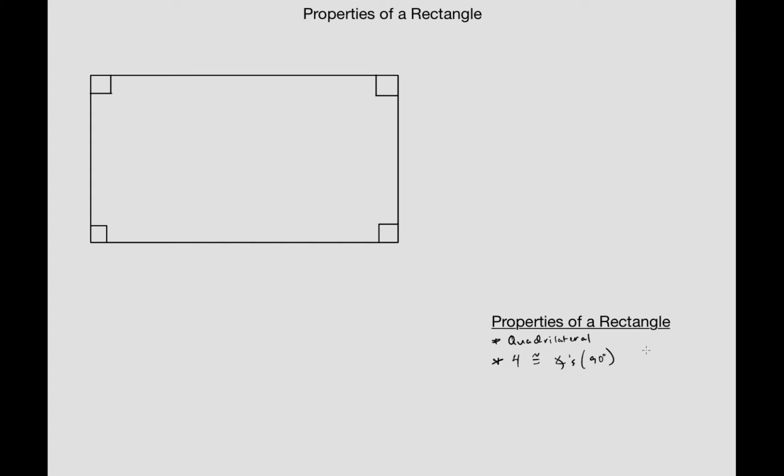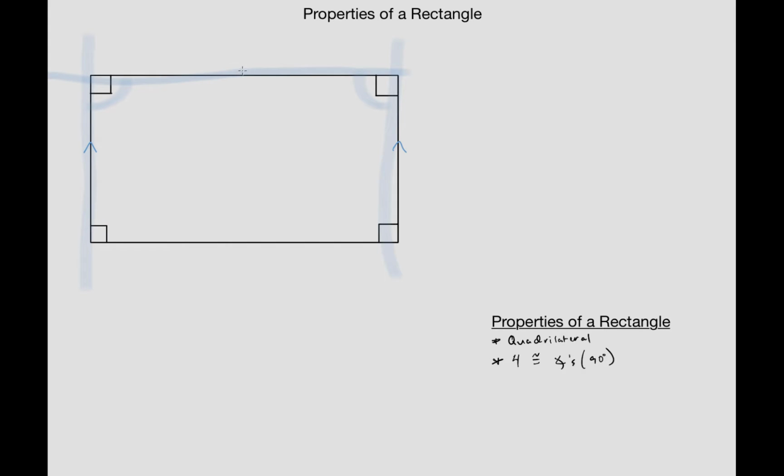First and foremost, that makes it really easy for us to identify that if I consider this side and call this the transversal, then I have these two same side interior angles that are supplementary to each other. Well, we know that means these sides must be parallel to each other.